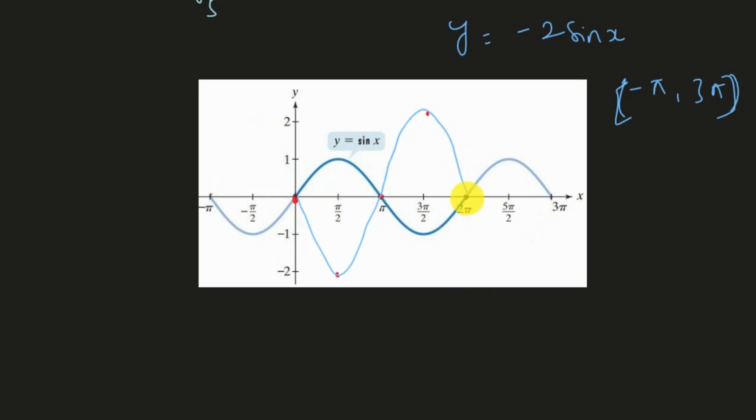Now repeat it. So after repeating, you'll get like this. Repeat this curve in the negative direction also. So this would go like this, reaches the maximum point, and then this. So this would be the curve between this interval, this curve represents the function y equals -2 sine x.